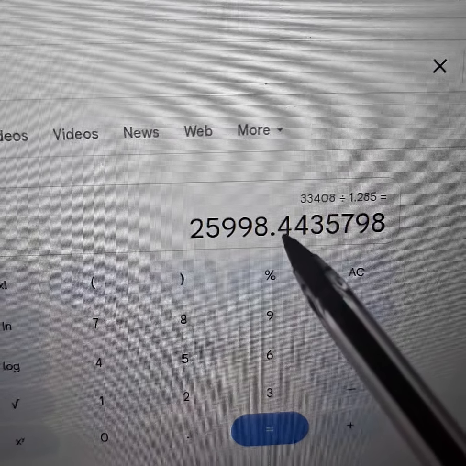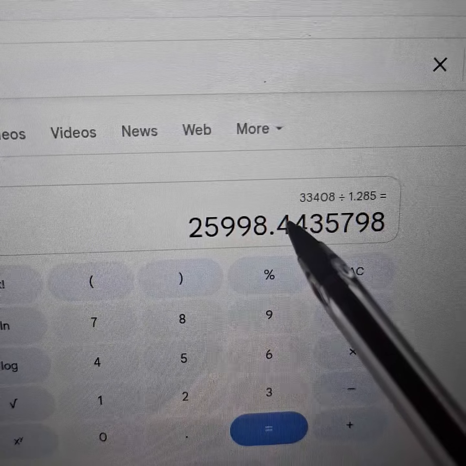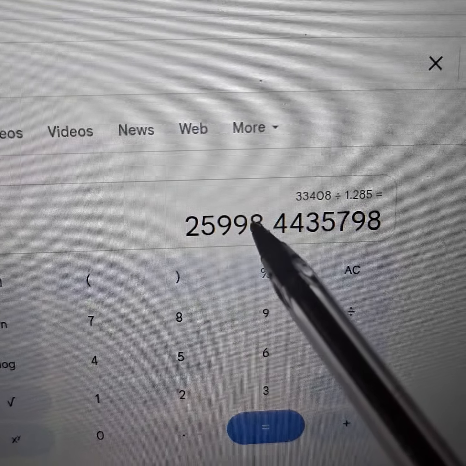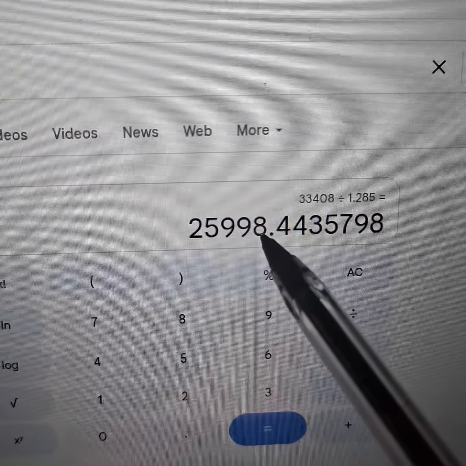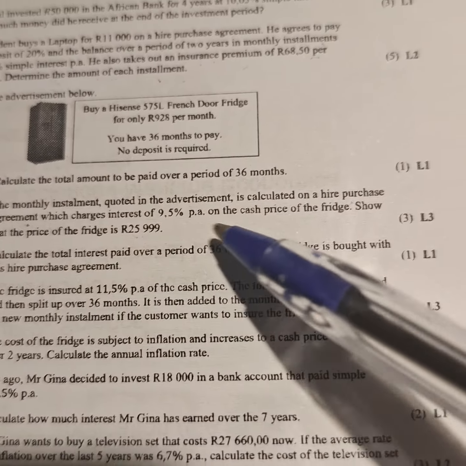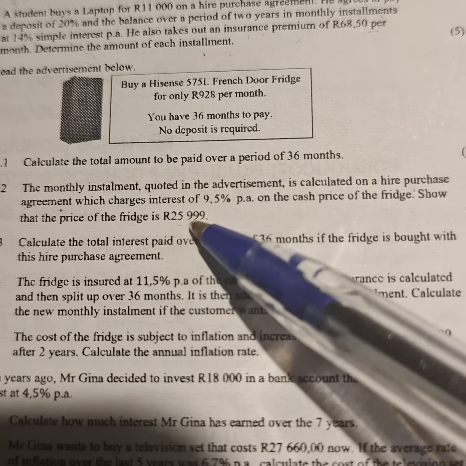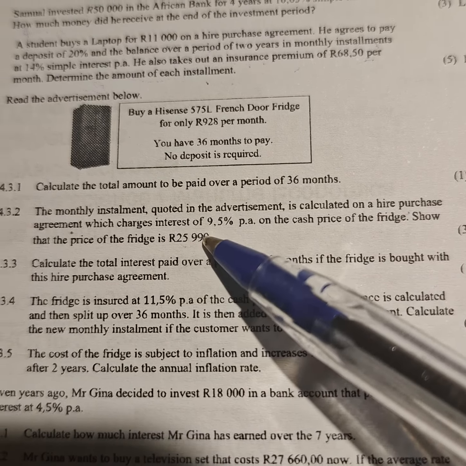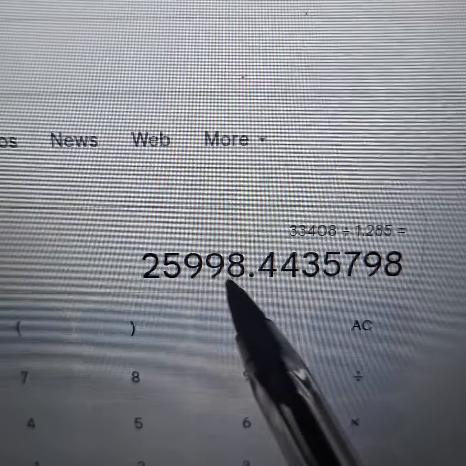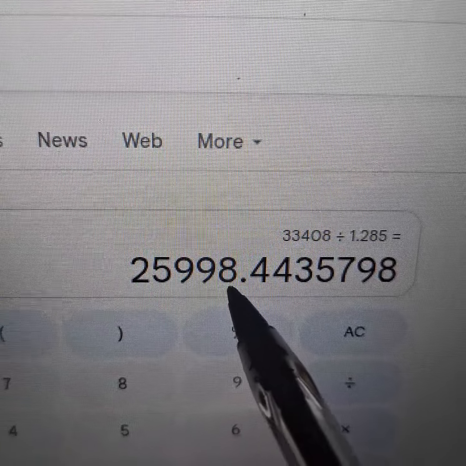But if this number here is 4 or less, that means that this value of 8 stays the same. It said we need to show that the price of the fridge is 25,999, but here in our calculation we're getting 25,998.